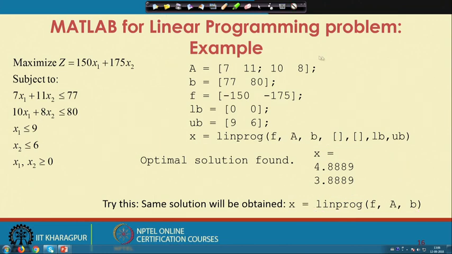So, with this we will conclude our discussion on linear programming problems here. There are several other interesting topics related to linear programming problems, but because of time restrictions we will not be able to discuss everything. So, we have chosen the graphical method of solution and the basic simplex methods that can be used to solve a linear programming problem.